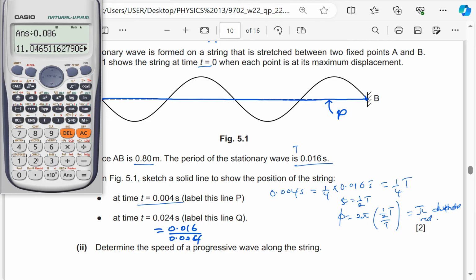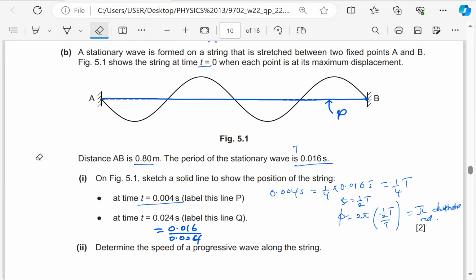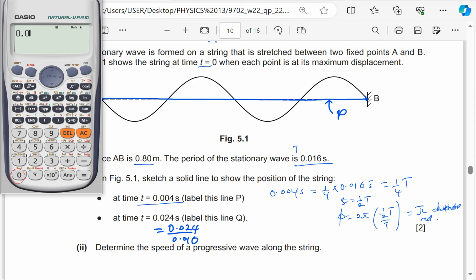Let me just do it. Because it is big, I will divide it the other way around. So we have 0.024 divided by 0.016. That is 1.5. 1.5 cycles. So I'll just consider the half cycle.